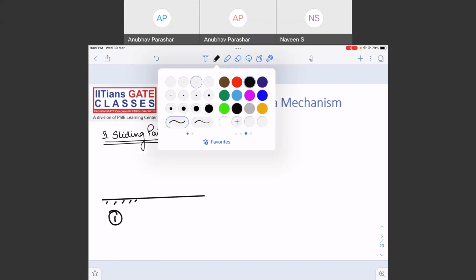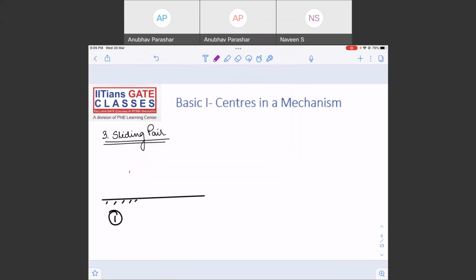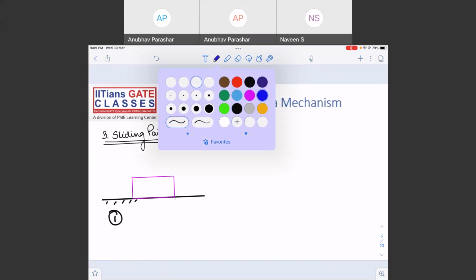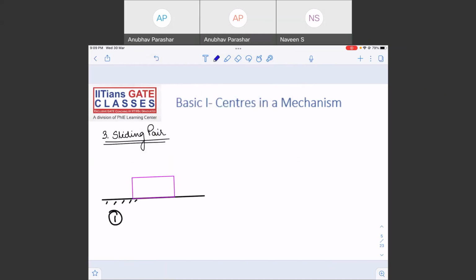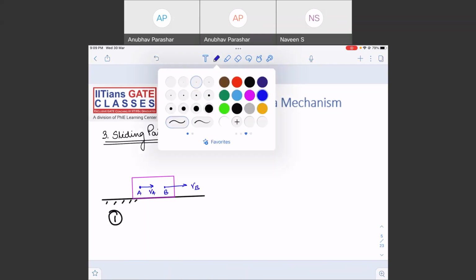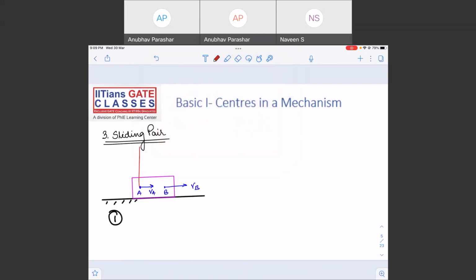On this ground, there is a member, let me say a rectangular block. This rectangular block is sliding on the ground. The very simple way is we'll find out the velocity. Let me say this is point A, this is point B. This is the velocity of point A, and this is the velocity of point B. What we are going to do is draw two perpendiculars to the velocities.